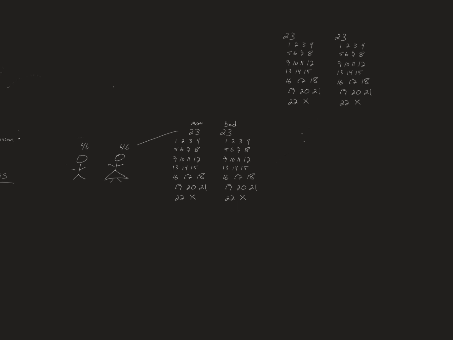What does he have? He has an X and a Y, and a 22 and a Y. So the question is, is it a 50-50 shot that this dad gives an X to his daughter versus a Y? Yes, absolutely.